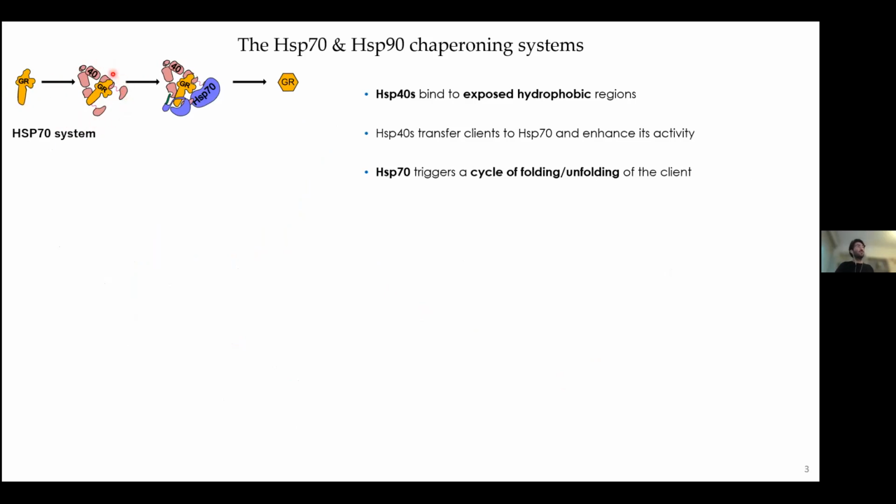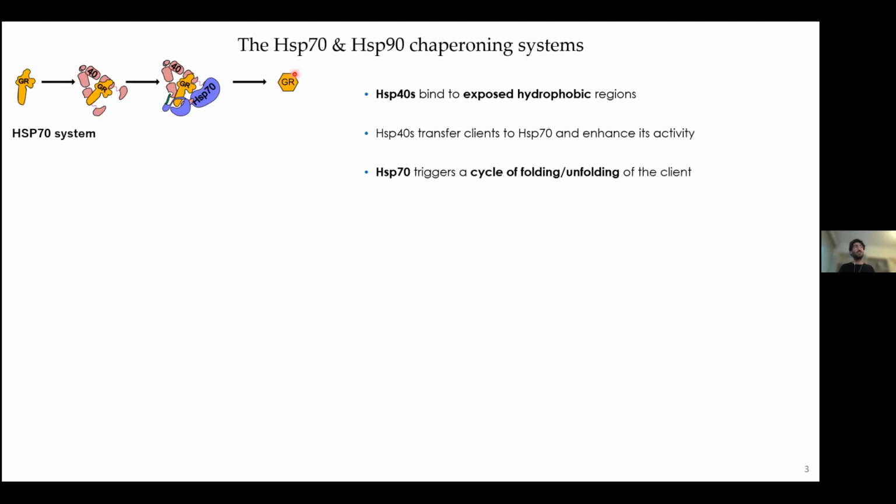So Hsp40 will bind to the client, recruit it, and bring it to Hsp70 to form a ternary complex between Hsp40, Hsp70, and the client. There is a direct interaction between Hsp40 and Hsp70, and this direct interaction overactivates Hsp70, which triggers a cycle of folding and unfolding of the client.